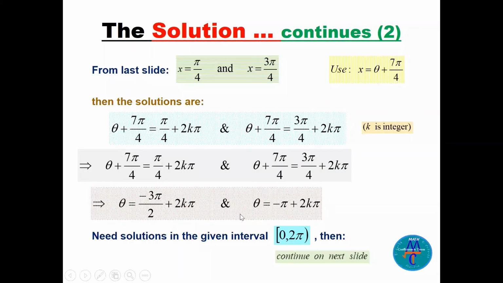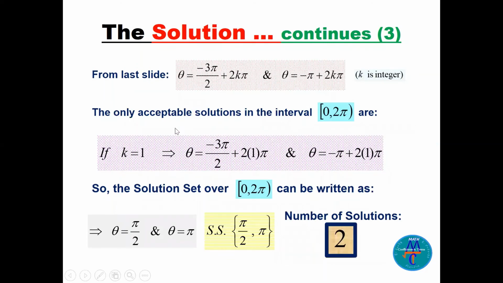So now you can replace k values, where k is an integer, in these two solutions until you get all the angles between 0 and 2 pi. The only acceptable solutions are when k is 1. If you put k as 0, you will have negative angles.